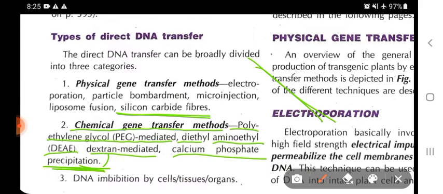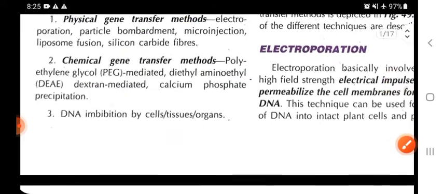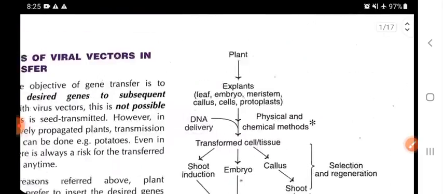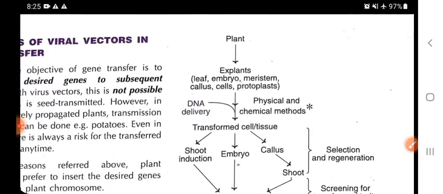This is also a good method for introduction of our desired DNA into plant cells as well as animal cells. So different methods are there through which we can directly introduce our desirable DNA into the host cells, whether the host cells are plant or animal.